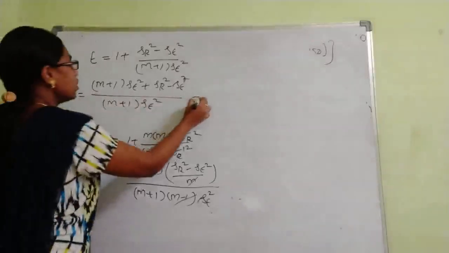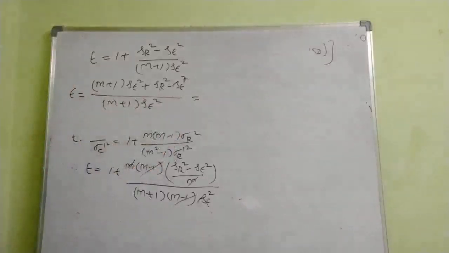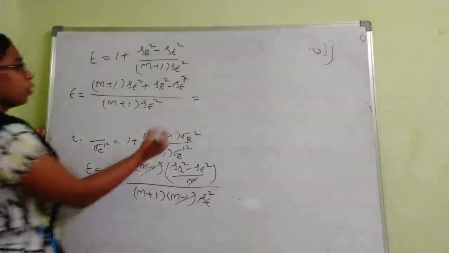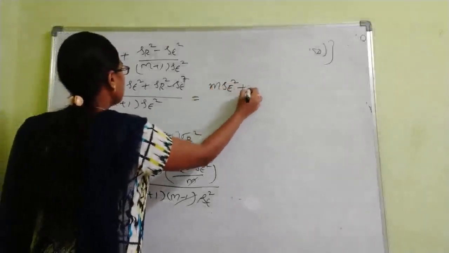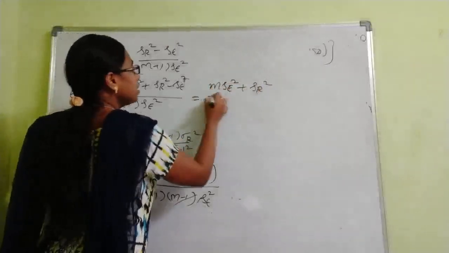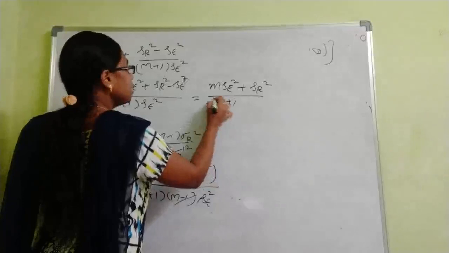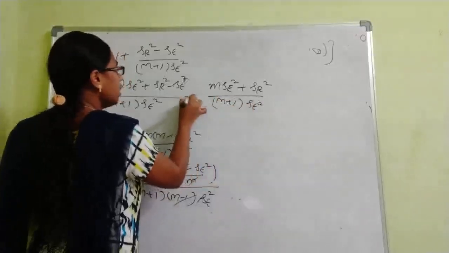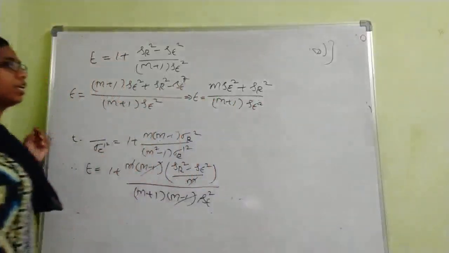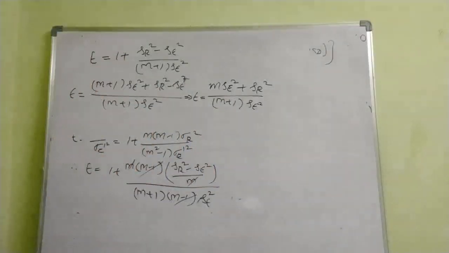If you take SE square common, m plus 1 minus 1 gets cancelled, so you will have only m into SE square plus SR square divided by m plus 1 into SE square. This is the efficiency of the LSD over RBD when columns are assumed as blocks.